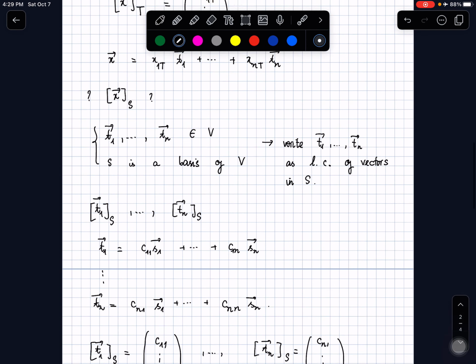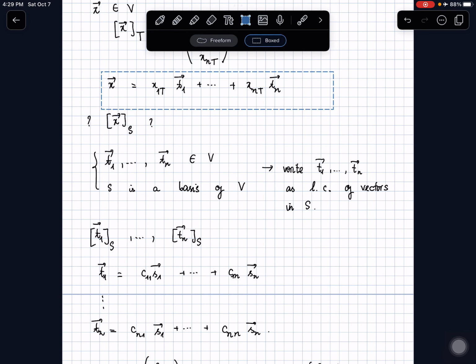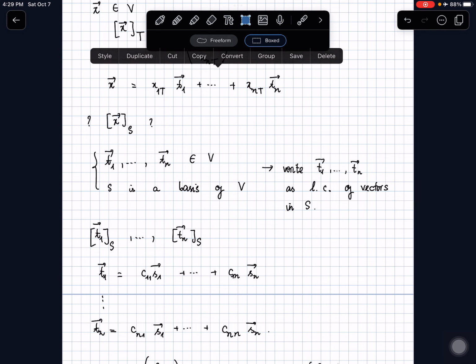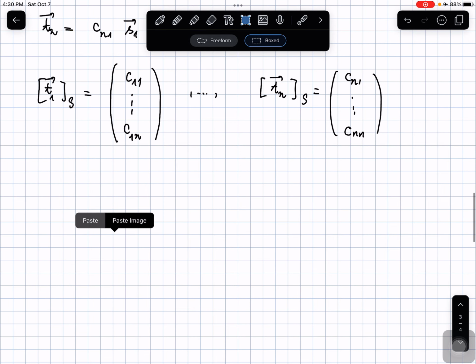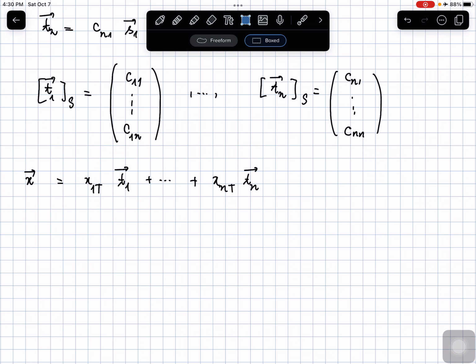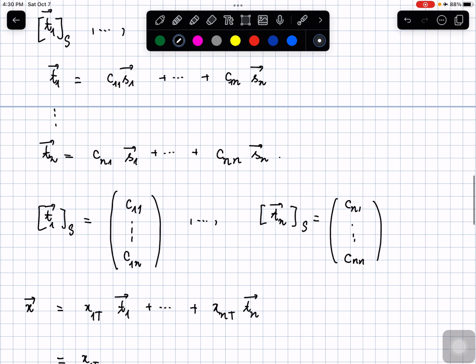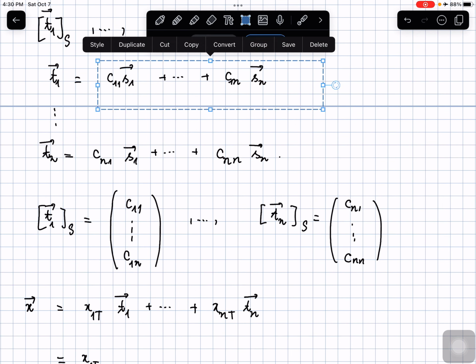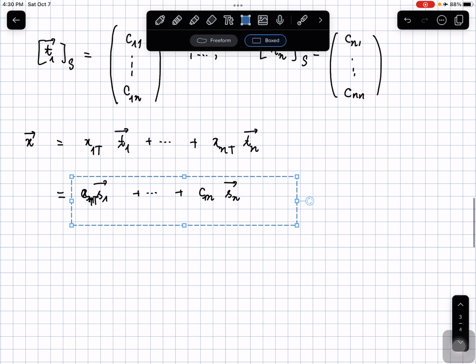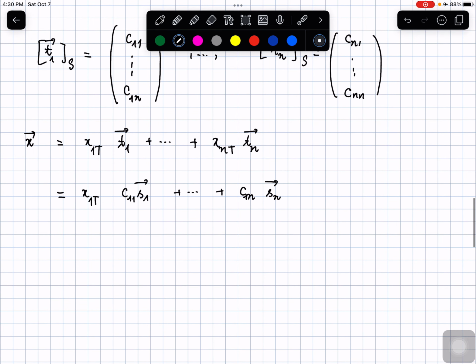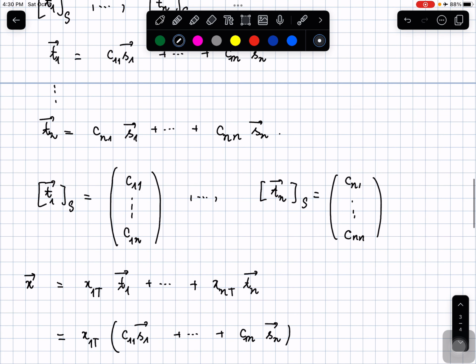And now we have that x is a linear combination, right? So x equals x1t T1 plus up to xnt Tn.